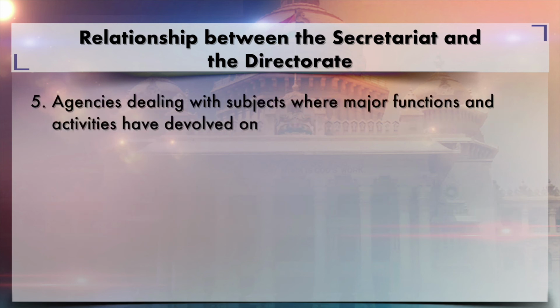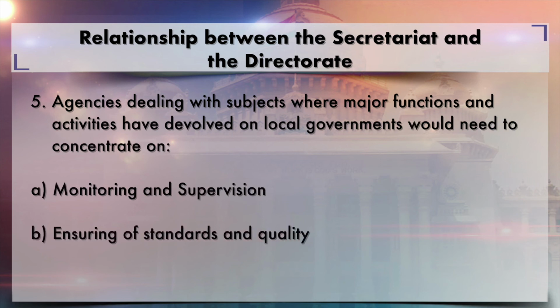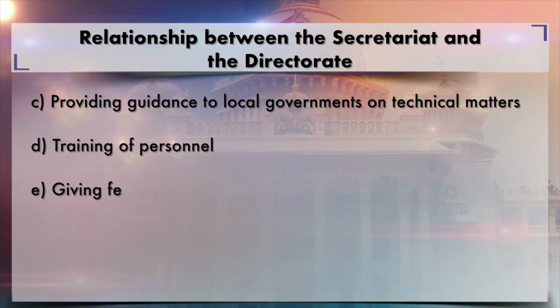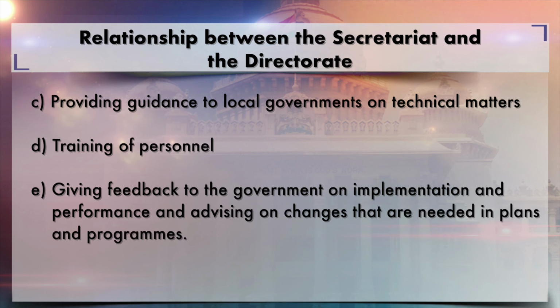Number 5, agencies dealing with subjects where major functions and activities have devolved on local governments would need to concentrate on monitoring and supervision, ensuring standards and quality, providing guidance to local governments on technical matters, training of personnel, giving feedback to the government on implementation and performance, and advising on changes that are needed in plans and programs.